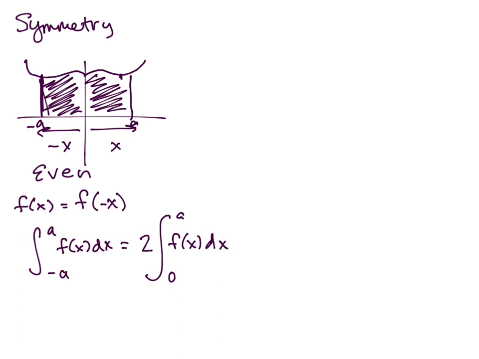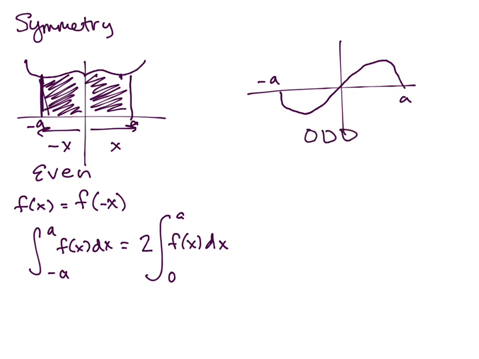It could be even, it could be odd. Let's draw up here a nice little sine curve from negative a to a. This is an odd function. Odd functions, by definition, have opposite signs at negative x values. So I am dealing with negative f of negative x.